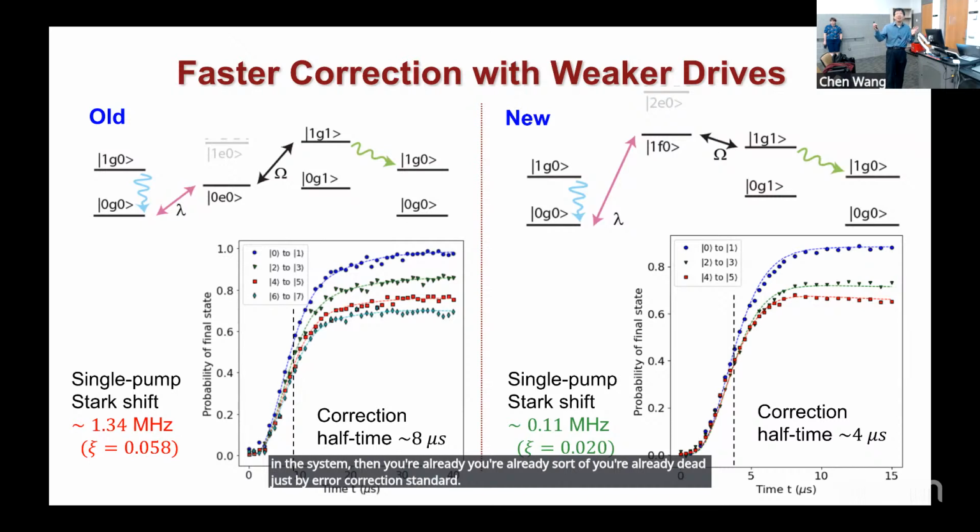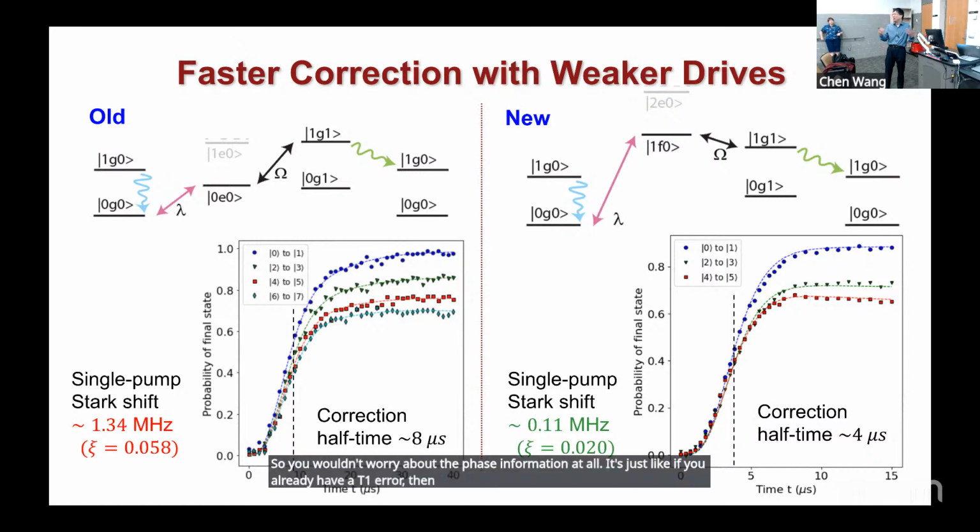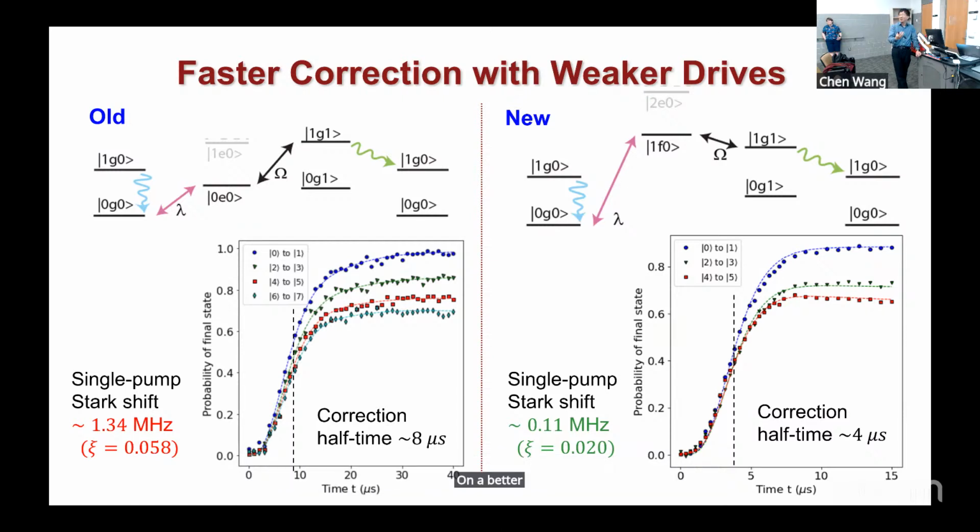If you already have a full bit flip going from 1 mod 4 to 3 mod 4 states, then no matter what, the logical qubit is no longer preserved. So you wouldn't worry about the phase information at all. It's just like if you already have a T1 error, then you don't have to worry about T2. So in some sense, this is just a question of whether we can correct faster, and be better to begin with. So that is the answer to that.